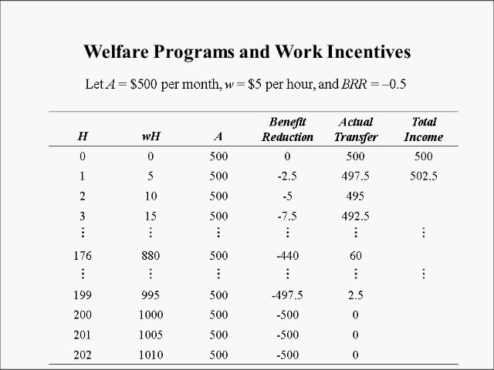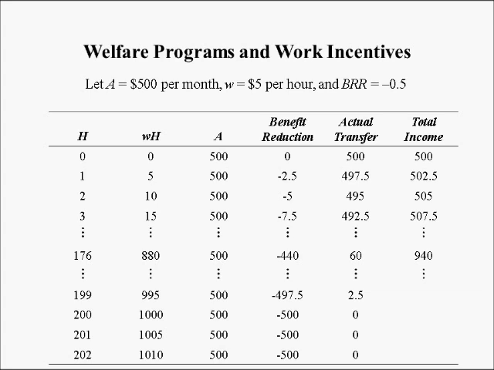So your total income when you worked 0 hours is 500. When you work that 1 hour, your total income is 497.5 plus 5. When you work 2 hours, your total income is your actual transfer, 495 plus 10, or 505. If you work 3 hours in the month, your total income is your actual transfer, the check you get from government, 492.5 plus 15.